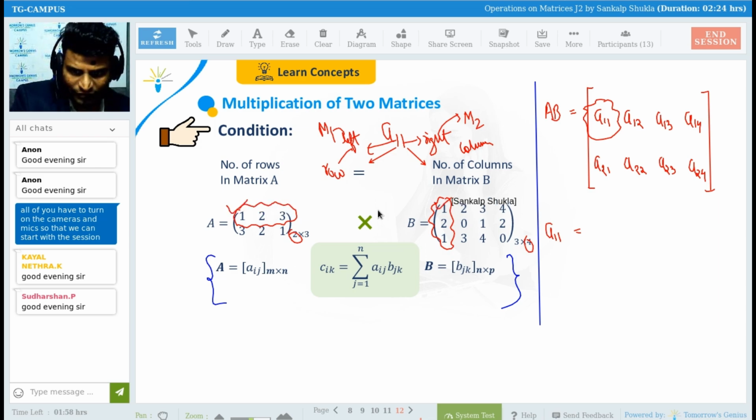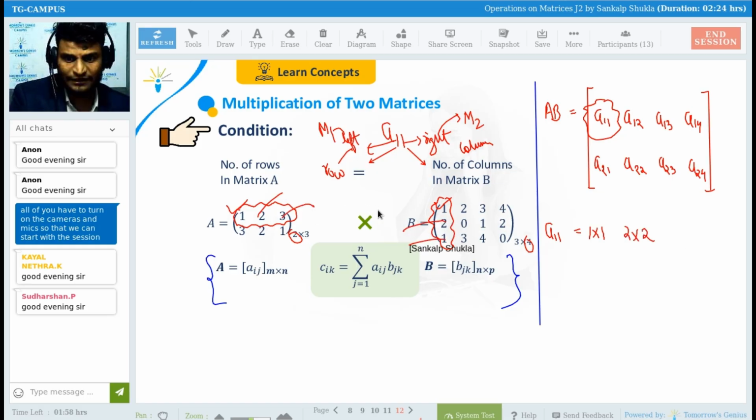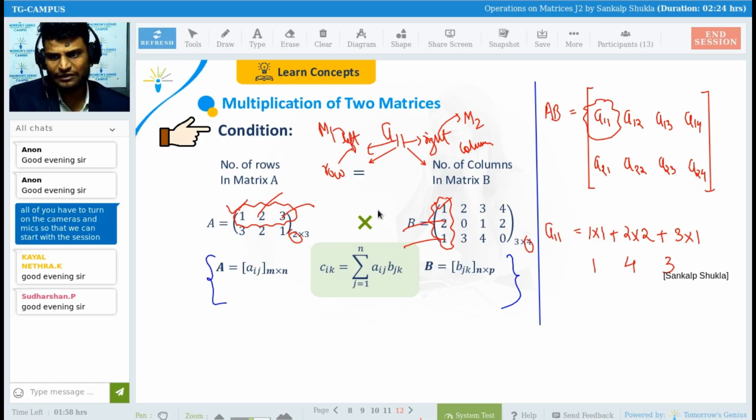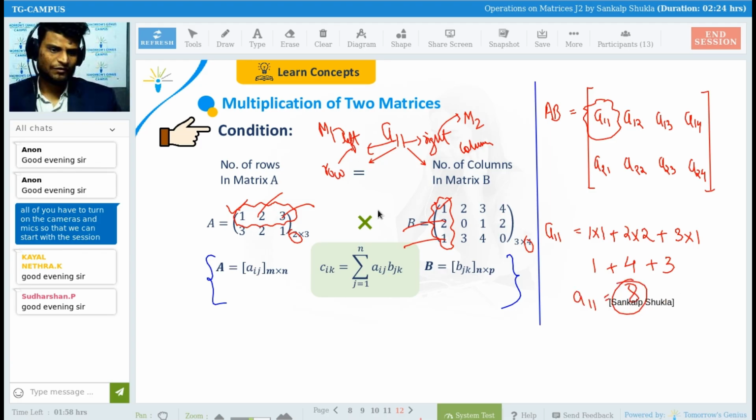So 1 into 1, 2 into 2, 3 into 1. That is 1 plus 4 plus 3, which is 8. So A11 is 8. You have to perform the multiplication and find the value of each and every element. Go.